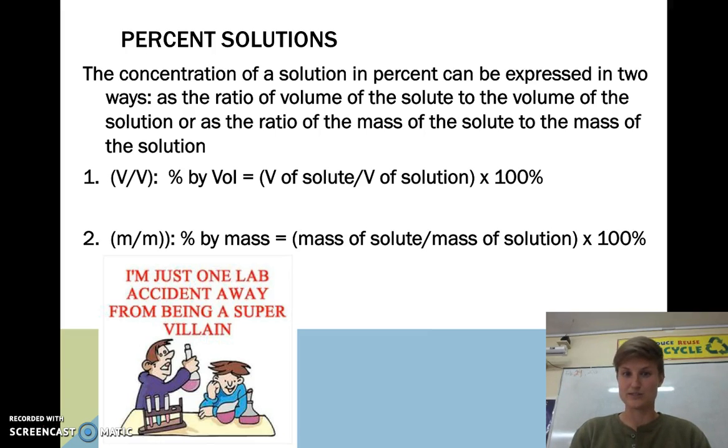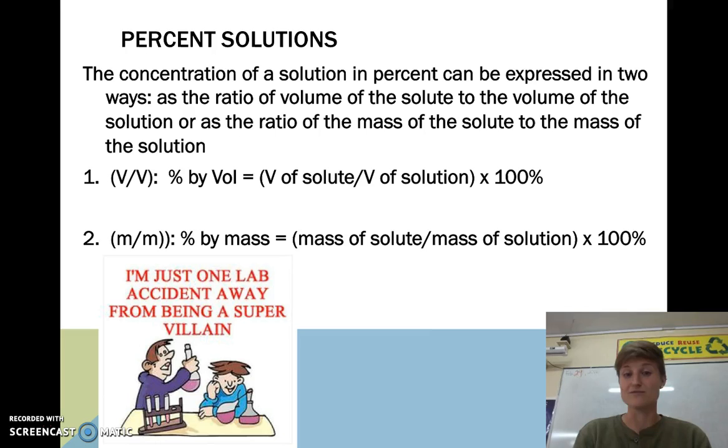Okay? All right. And then we have percent solutions. So now the concentration of a solution in a percent can be expressed or solved in 2 different ways. One is by volume and the other is by mass. And so you have both of those formulas below for you.